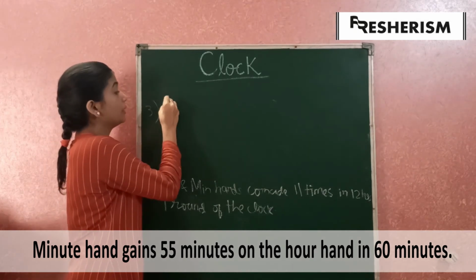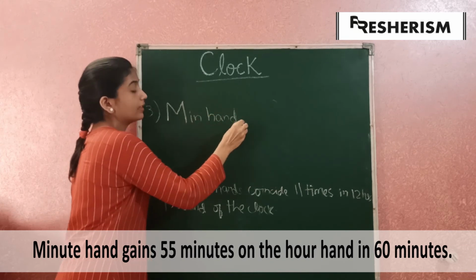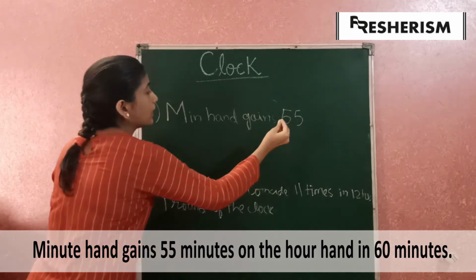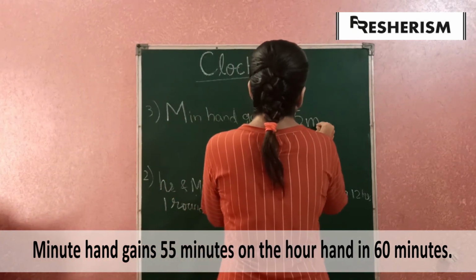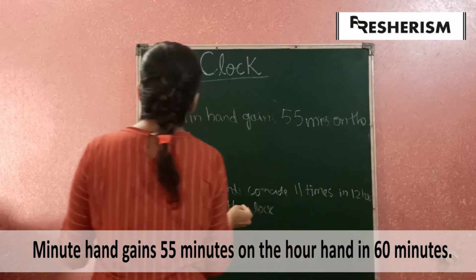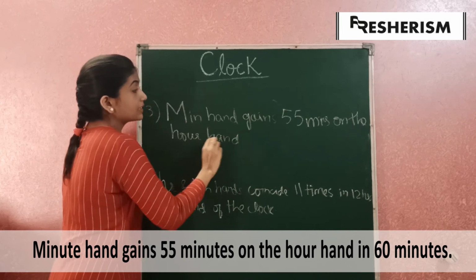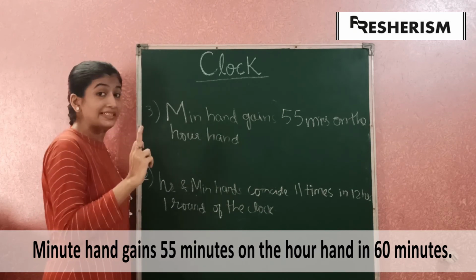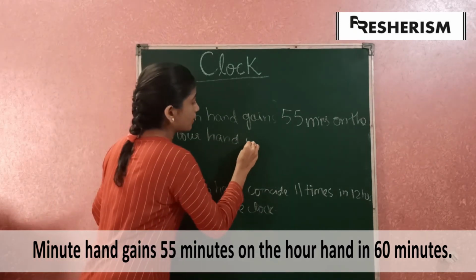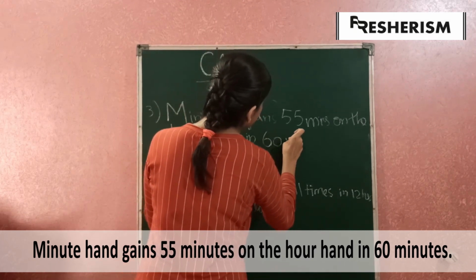The minute hand gains 55 minutes on the hour hand by completing one round of the clock, or in 60 minutes.